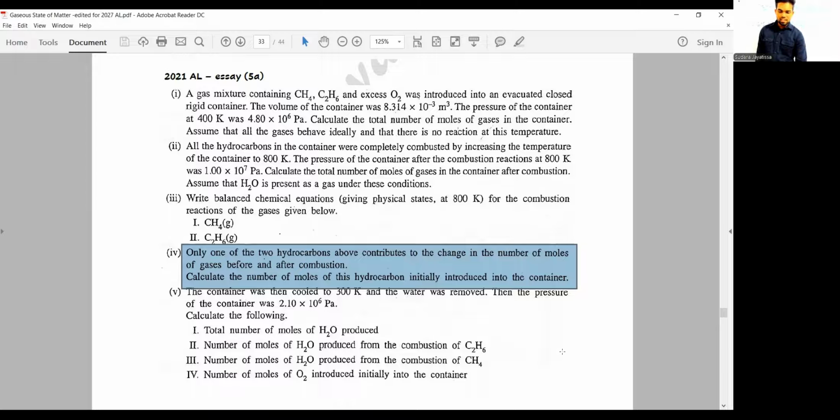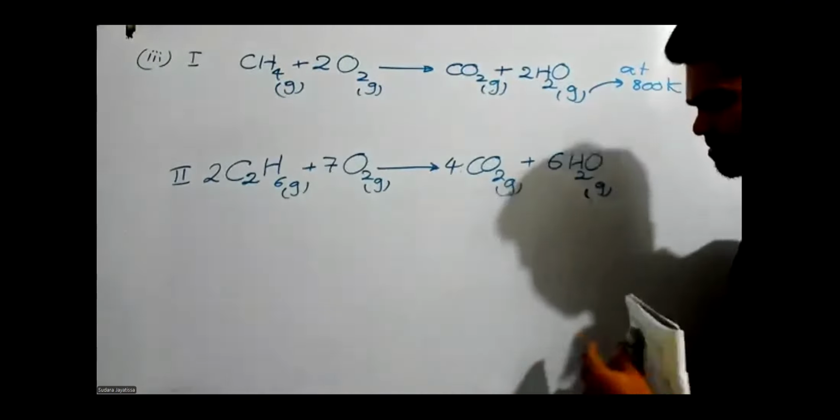So they're asking to calculate the number of moles of the hydrocarbon initially introduced. Why? If we know what that gas is, we can find the number of moles of that one, because it is related to 0.5, the difference of the total moles of initial and final. We'll see how to do it. Now look at the two equations.